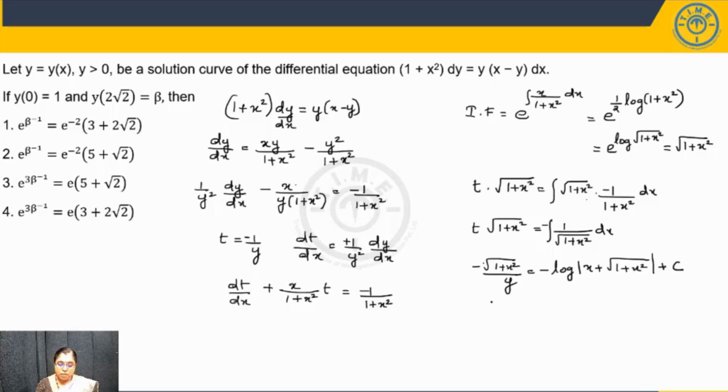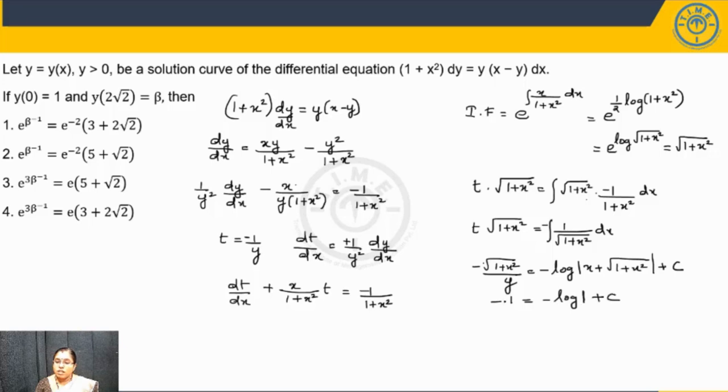So we get −1 = −log, how do we get −1? 1 + 0² is 1, and this is also 1. So −1 = log(0 + √1), that means log 1, + c.